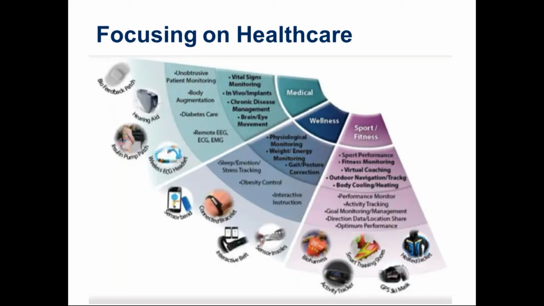Vital signs should be monitored. In vivo and implants need to be checked. Chronic disease management needs to be done. Brain and eye movement needs to be coordinated. These are all needed for specific diseases or specific persons.